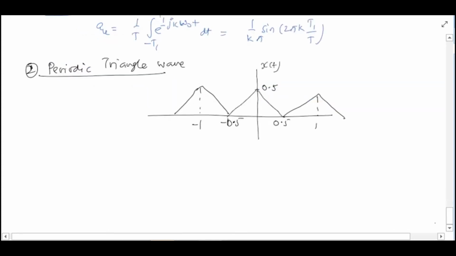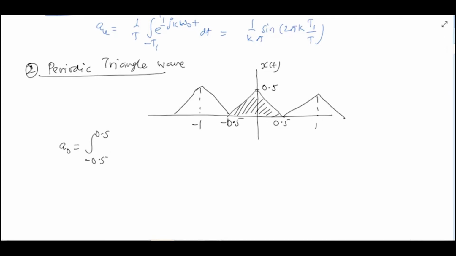Okay, we can compute the Fourier series coefficients for this wave following a similar procedure as for the square pulse above, and it turns out that, for instance, a_0 will be simply the average value of this, right? So minus 0.5 to 0.5. Before I compute it, let's also see this mathematically.